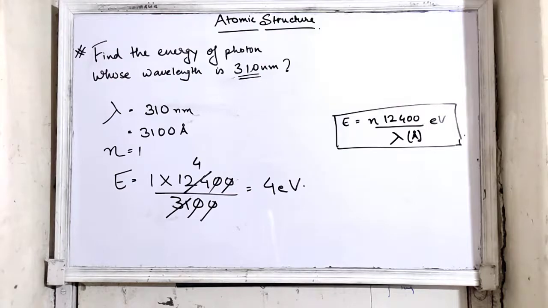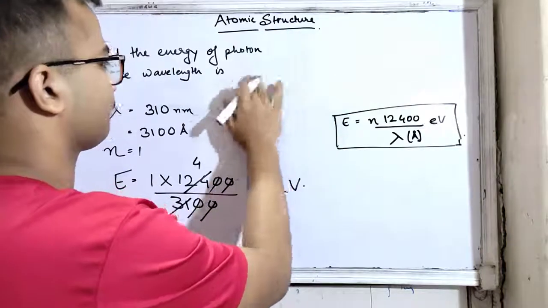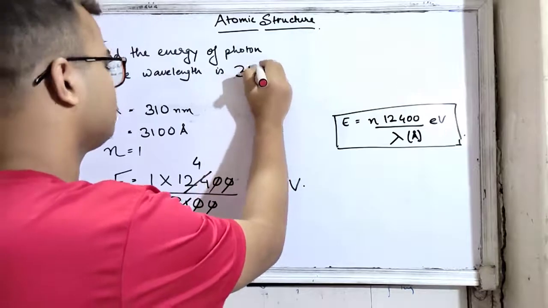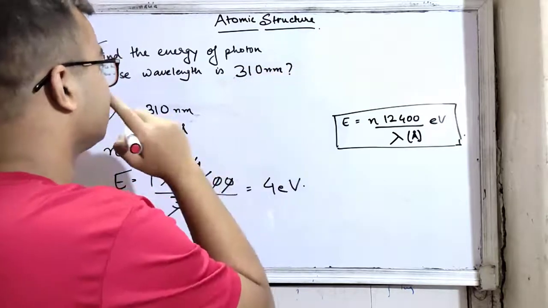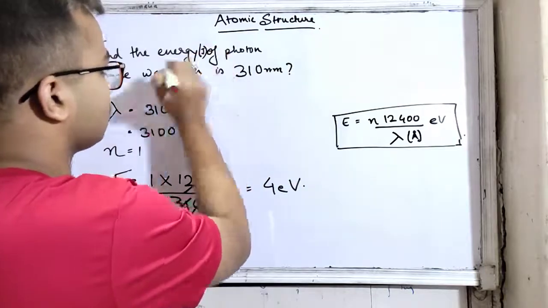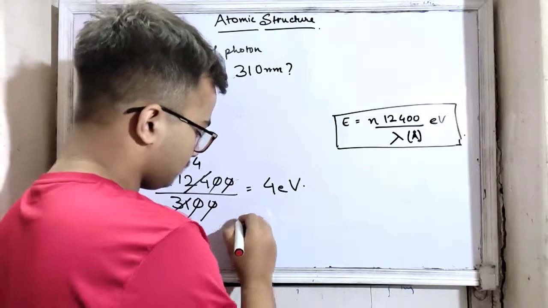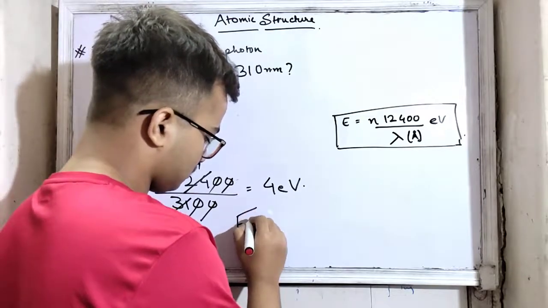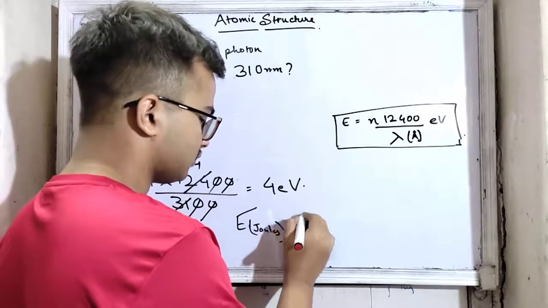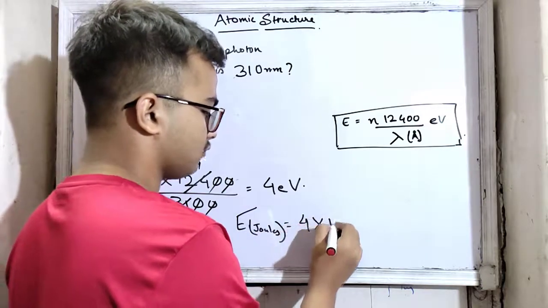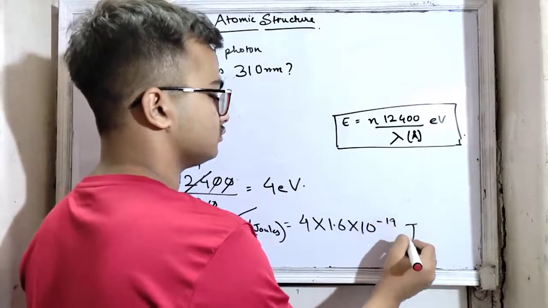But if the question told you to find the energy in joules, then what I have to do is simply multiply 4 into 1.6 into 10 to the power minus 19 joules.